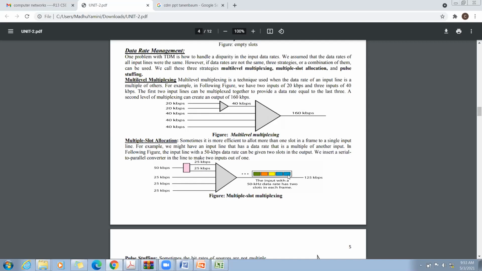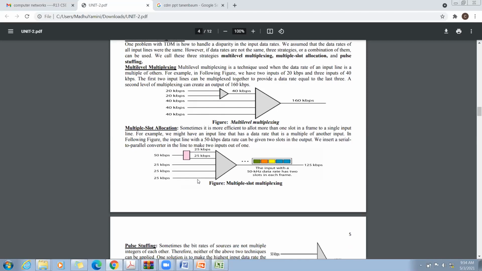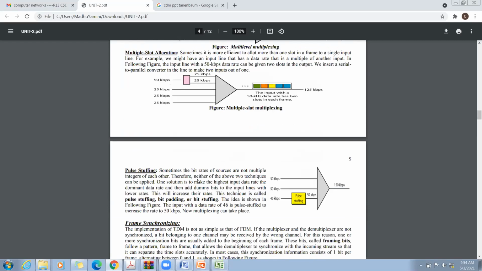Normally 25, 25, 25 and 50, so the total speed is 125 kbps. The input with 50 kbps is divided into data rates of 25 each. You might understand this one, multiple slot allocation.